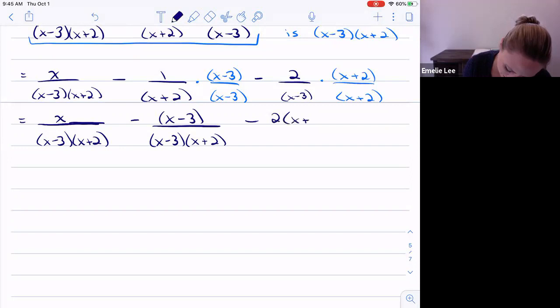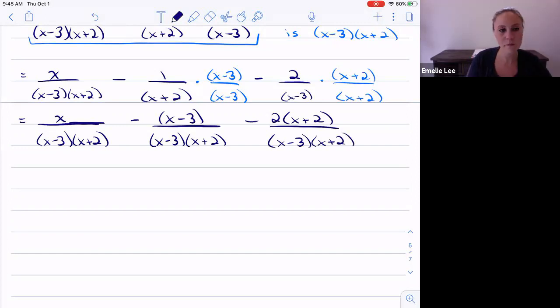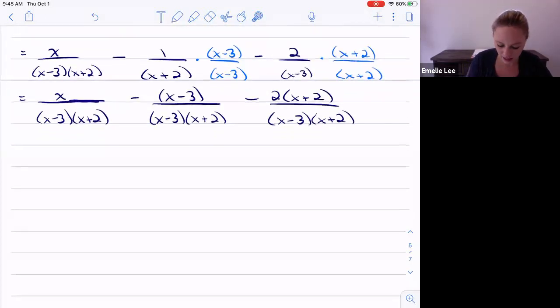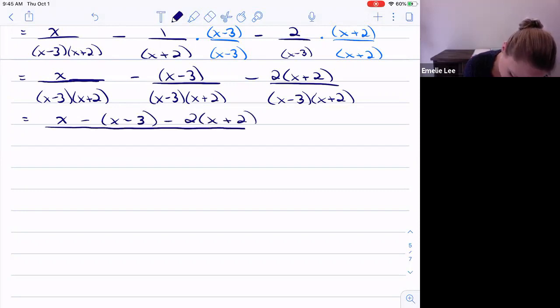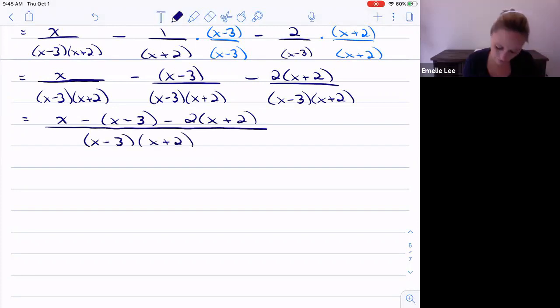Minus 2 times (x plus 2) divided by (x minus 3)(x plus 2). So now I have this common denominator, right? Which means I can combine everything in the numerator and put it over that common denominator. So what I have is x minus 3 minus 2 times (x plus 2), all over (x minus 3)(x plus 2).